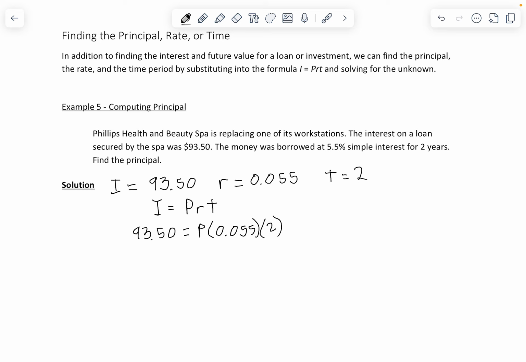Then I solve for P by dividing both sides by the product of 0.055 and 2. So I'd end up with P equals 93.50 divided by 0.055 times 2. And if you use a calculator to work that out, you would get $850. So the amount of the loan was $850.